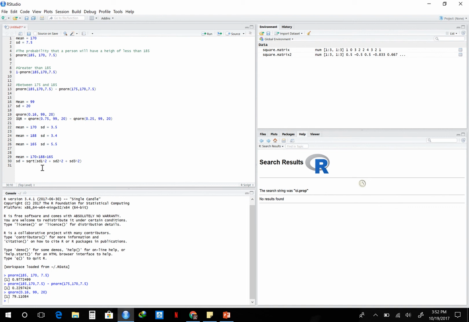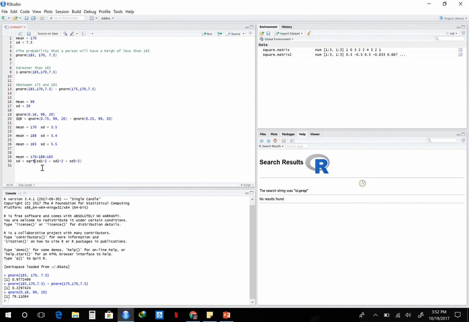So you can't add standard deviations, but you can add variances. For example, if you want to find the variance of x plus y, that would be the variance of x plus the variance of y. But here we also assume that both of these are independent. If it were dependent, then you would have covariance.